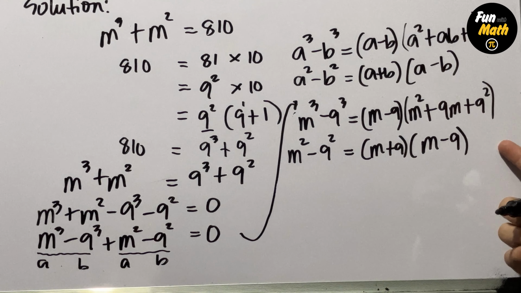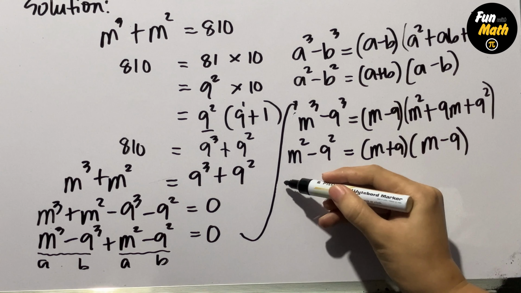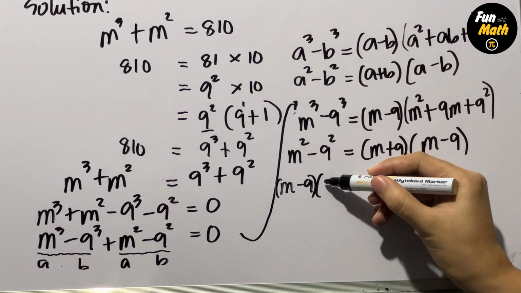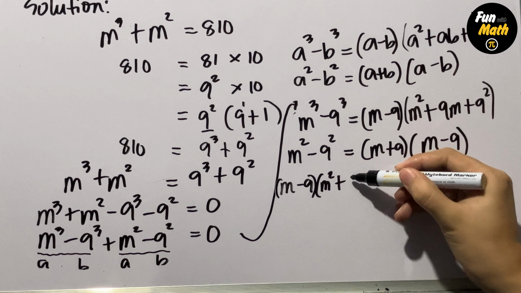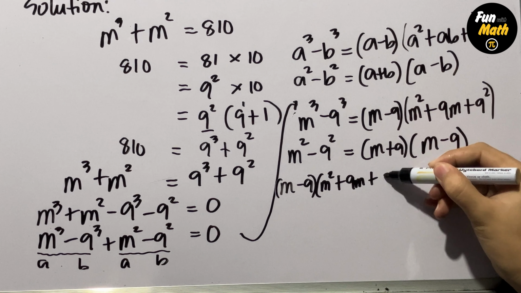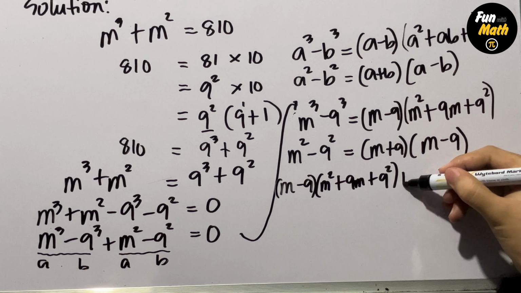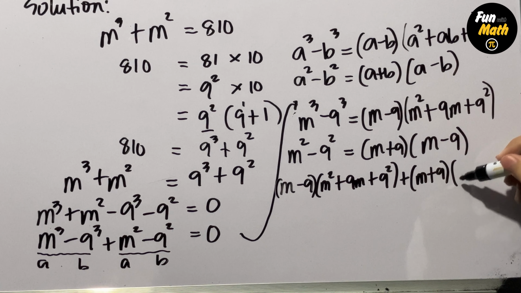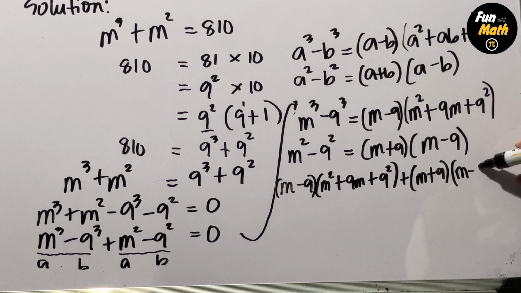Now let's write this combined. So we have (m minus 9) times (m squared plus 9m plus 9 squared) plus (m plus 9) times (m minus 9) is equal to 0.